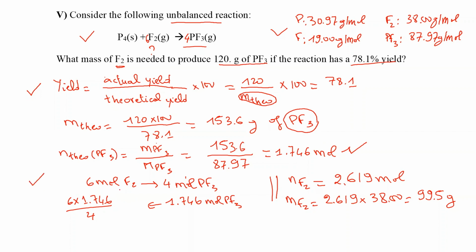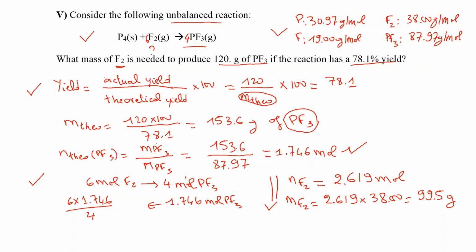And from the number of mole of fluorine gas, you deduce the mass of fluorine gas that you should use. So you should use 99.5 grams of fluorine gas at the beginning of the reaction to produce 120 grams. You don't produce 153.6 because the reaction yield is only 78.1.